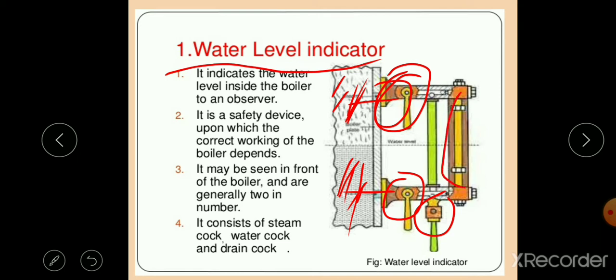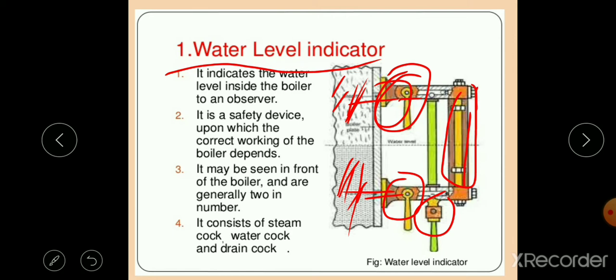This is the glass tube that indicates the level of water inside the boiler. When the boiler is on, the steam cock and water cock are open and the drain cock is closed, so it shows the reading on the glass tube provided.